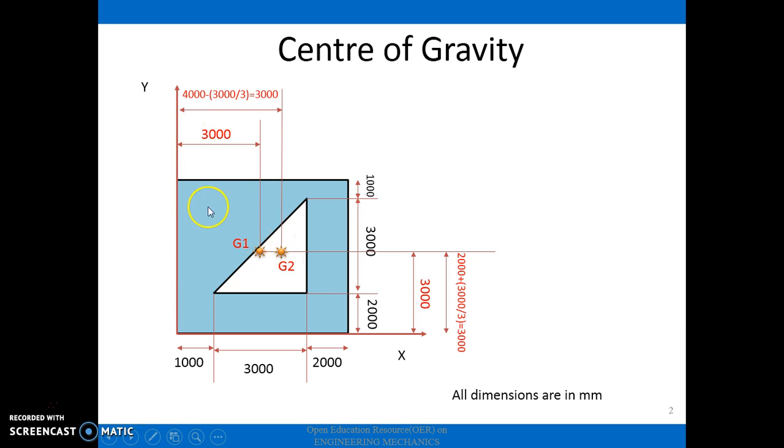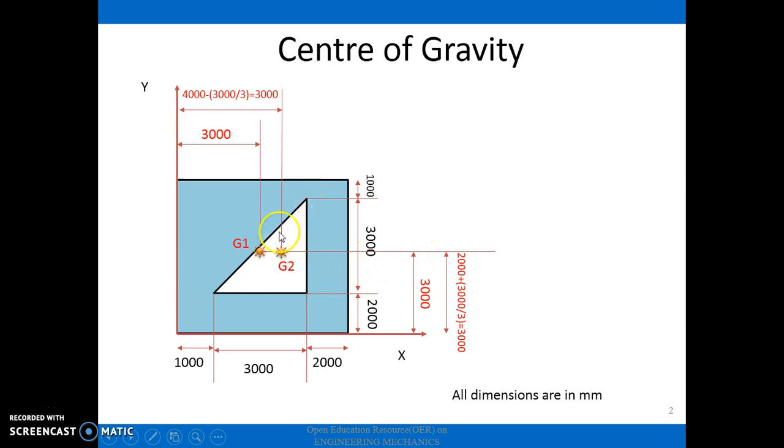Let us take the first section, a square with 6000 by 6000 sides, and you can locate its center of gravity as G1. It is 3000 from either of the axes, as clearly mentioned.